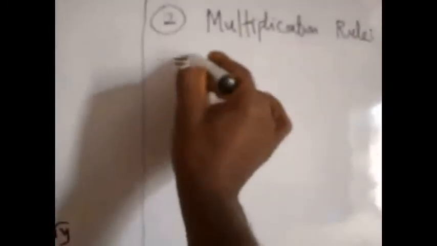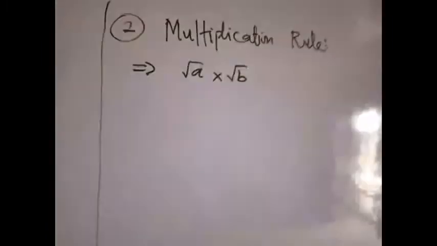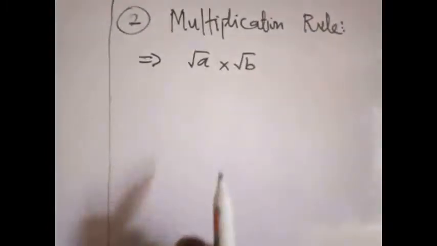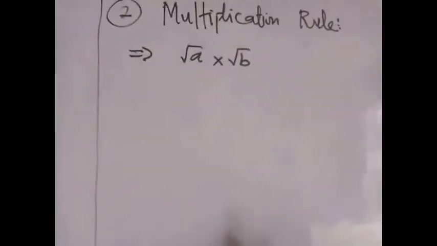Now let's look at this. If we have root A multiplied by root B, root A and root B are not the same. They are different numbers or different elements.